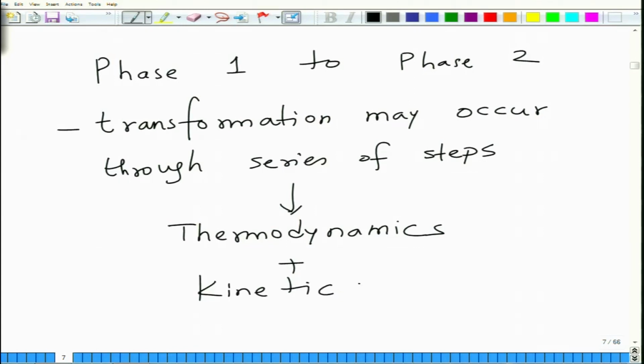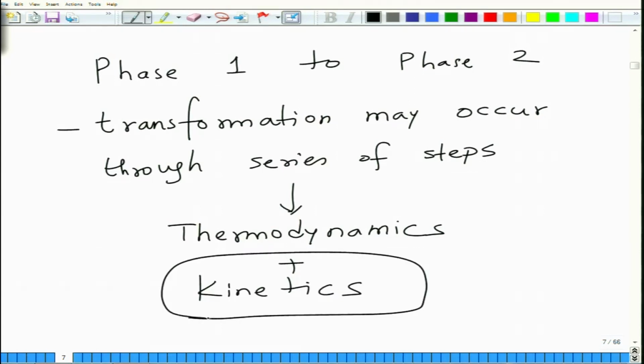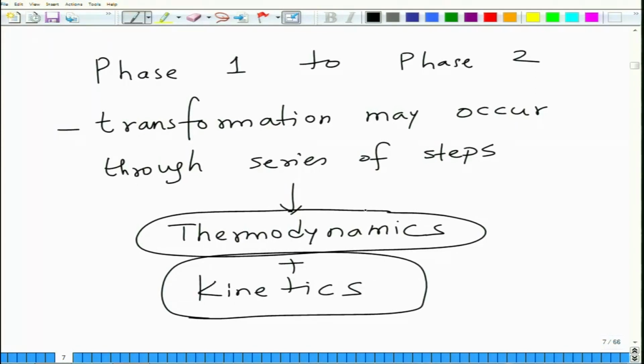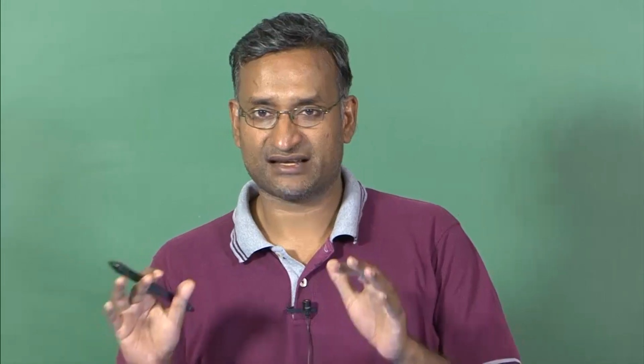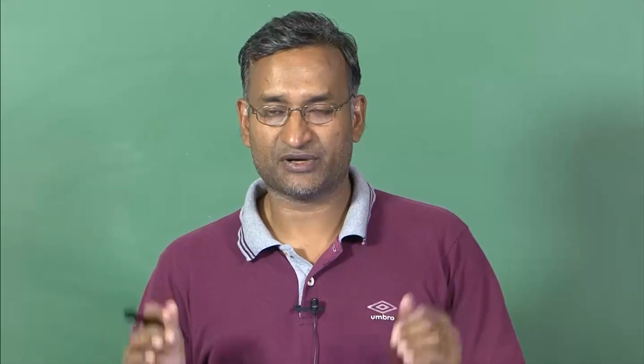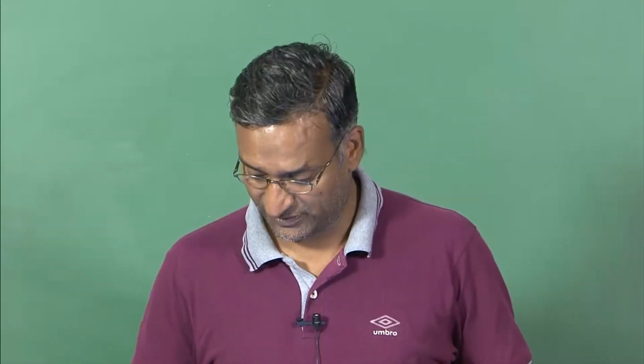So, we will not dwell into the kinetic aspects in this course. We will only determine the existence of equilibrium phases at a given condition of thermodynamic constraints. So, we will only look at what kind of phases will exist if you define temperature, pressure and composition for a given system. So, let us just look at the thermodynamic aspects of it.